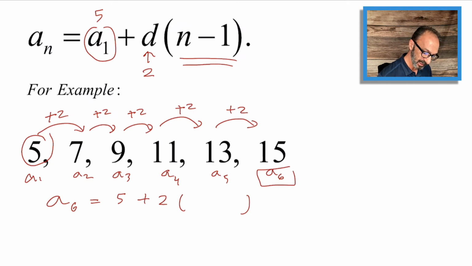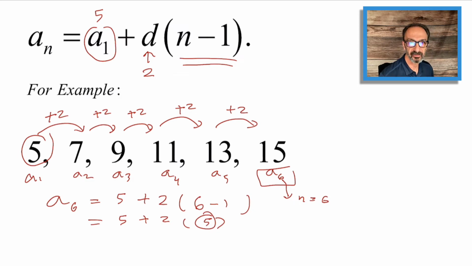In this case, I'm using n equals 6, so that's going to be the 6th term. So 5 plus 2 times 6 minus 1, which is 5. The reason we have 5 is because we are adding 5 2's.